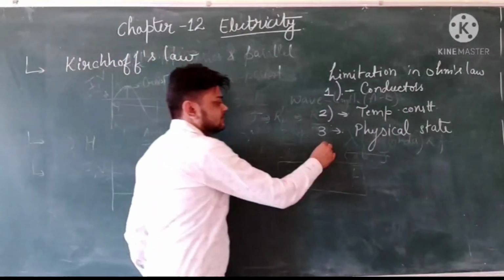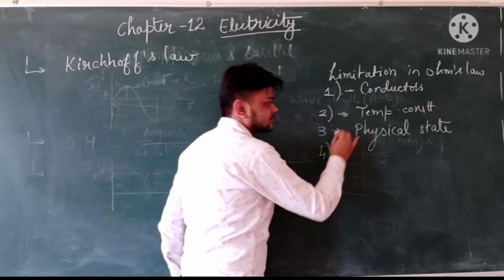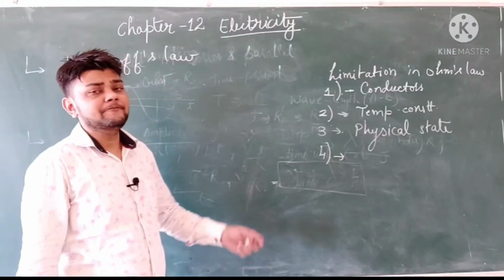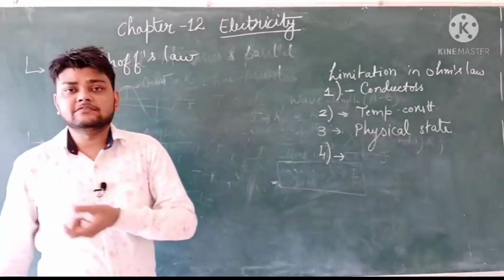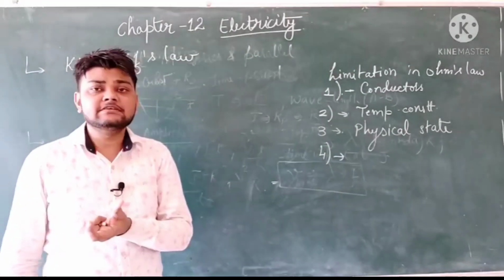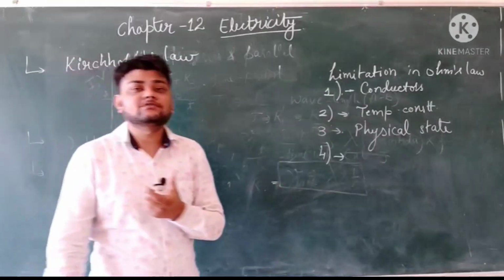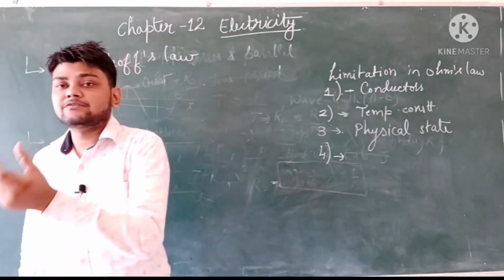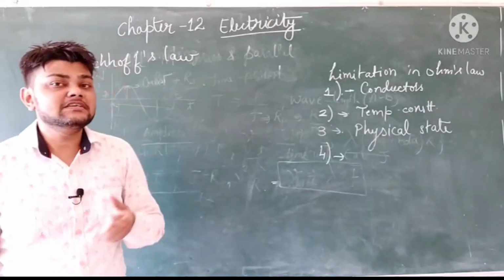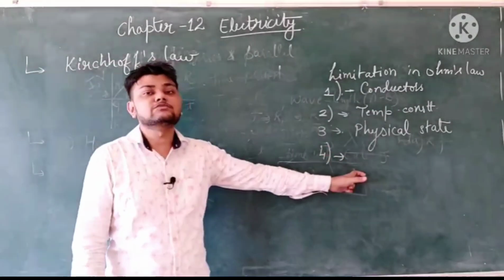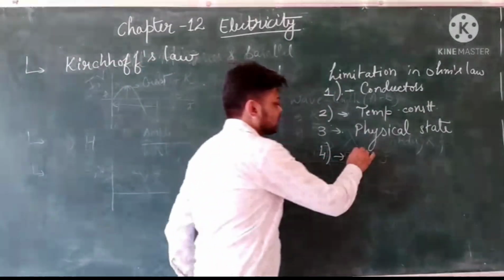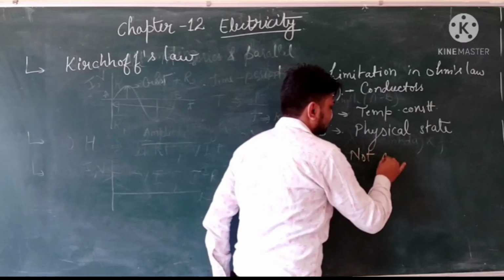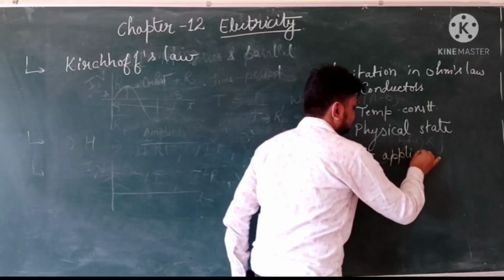Third, we have complex circuits in our houses where so many wires are there. If we go into any office, there also multiple connections of wires will be there, where calculation of current will become much harder using Ohm's law. So it is not applicable for complex circuits.